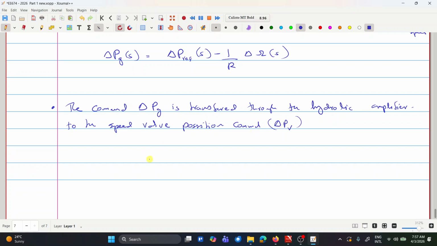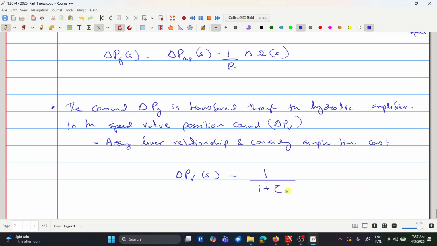So if you assume the linear relationship and consider the simple time constant, delta PV can be written as a simple transfer function, 1 over 1 plus tau g s, times delta Pg(s).